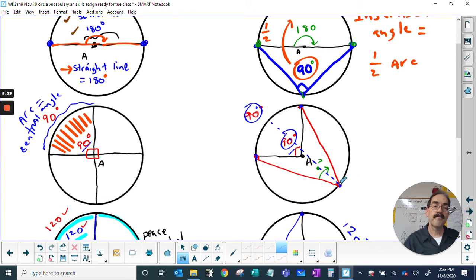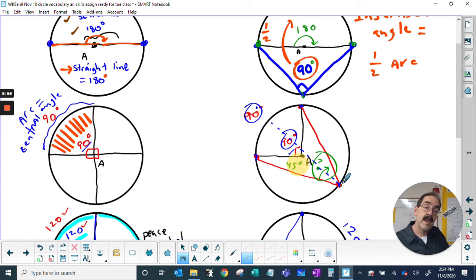What do you think this red angle measure is? What is this angle measure? It turns out it's half. This is 45 degrees.